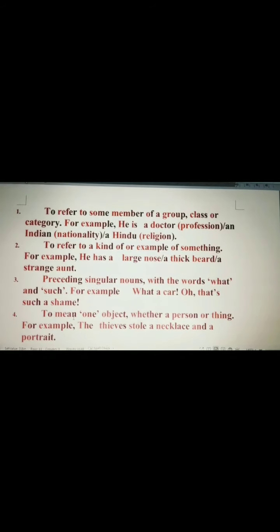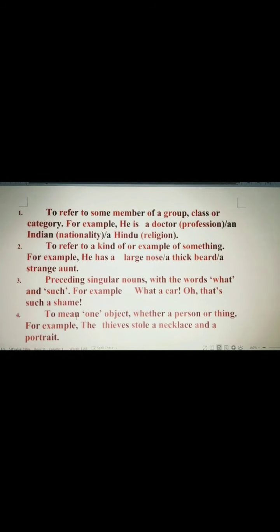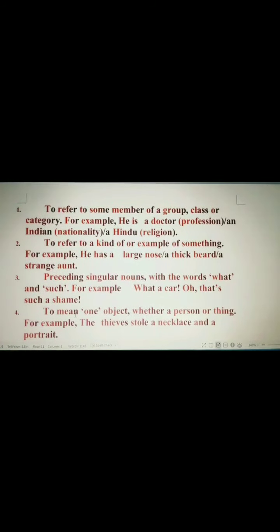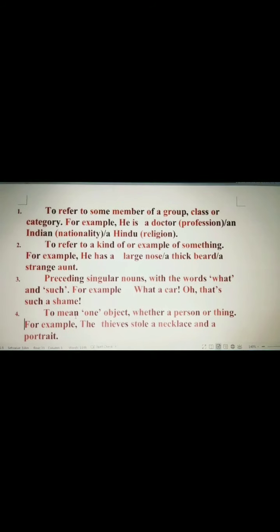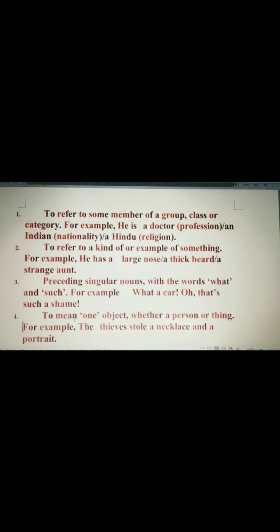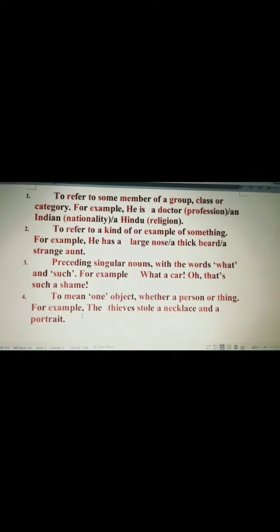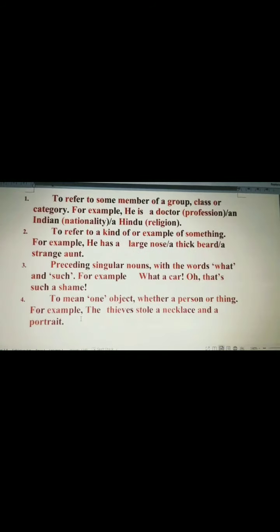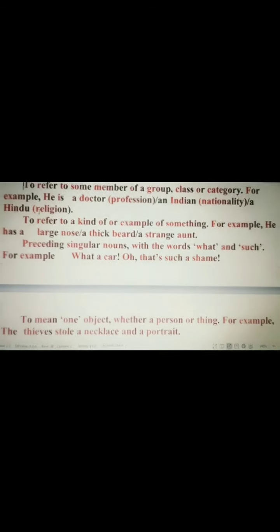So here before the noun necklace, the first letter is N, which is a consonant, that's why before that we have used A. Same way portrait is written here, P, the first letter is a consonant, that's why before that we have written A. So I hope you people are very well clear about that. So this is indefinite articles.